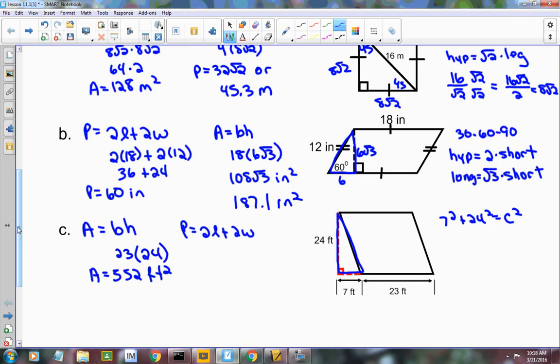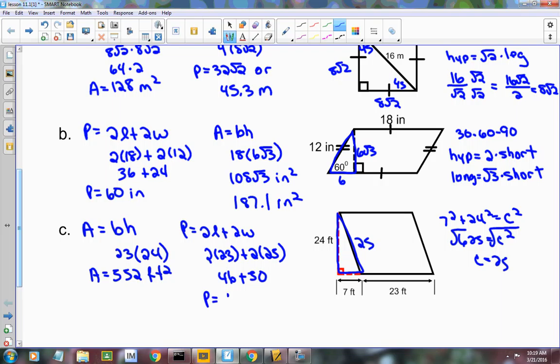If I add this up here, I end up with 625 equals c squared, which makes that 25. Okay, so I've got 2 times 23 plus 2 times 25. That's 46 plus 50, which is 96 feet for my perimeter.